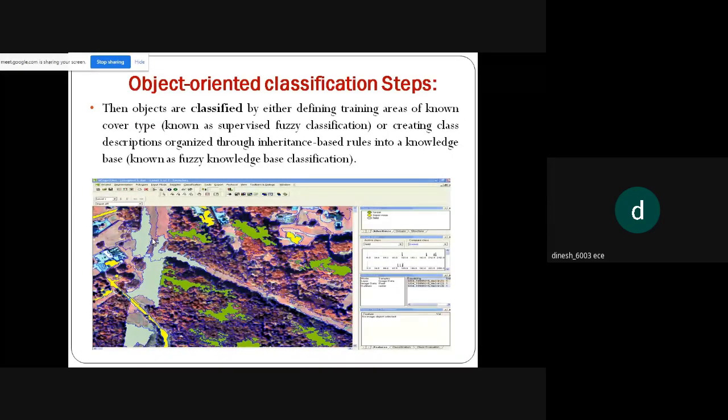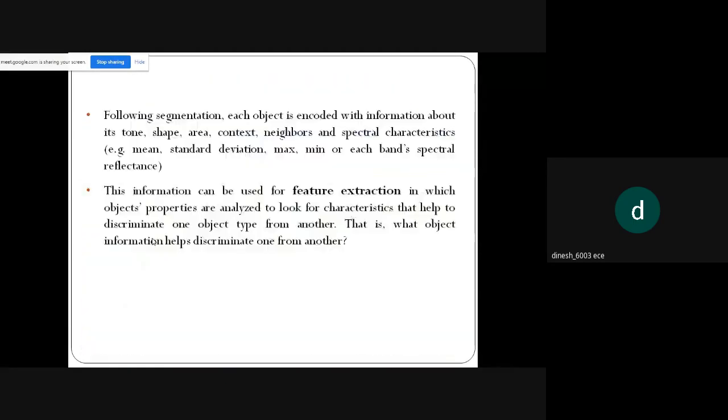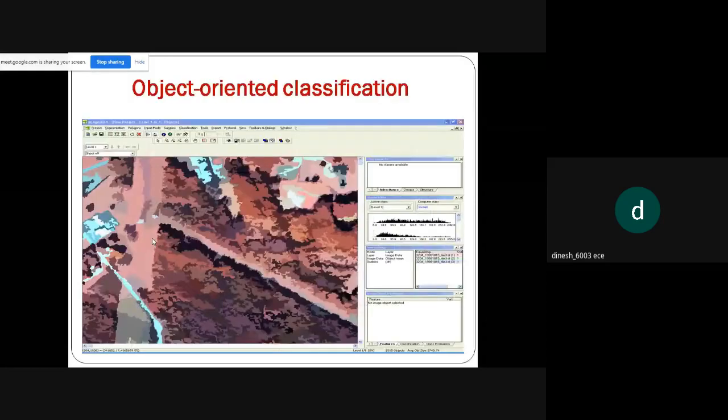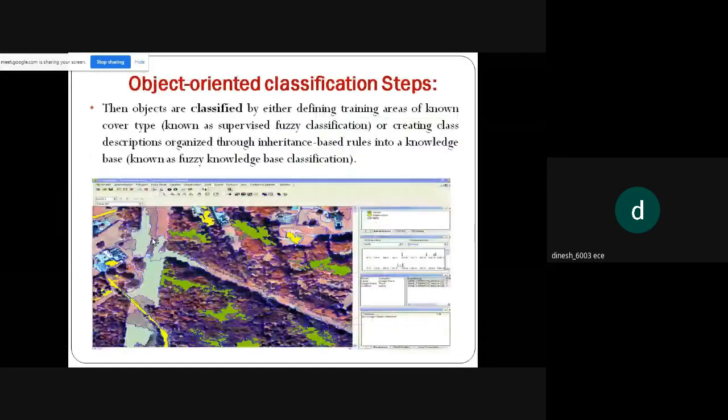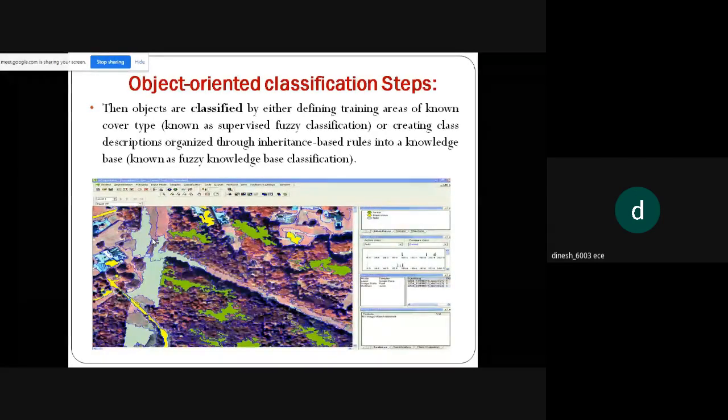In this, by using supervised fuzzy classification, you can compare these two. Then the objects are classified either by defining the training areas of known cover, which is supervised, or by creating class descriptions organized through inheritance based rules into a knowledge base.